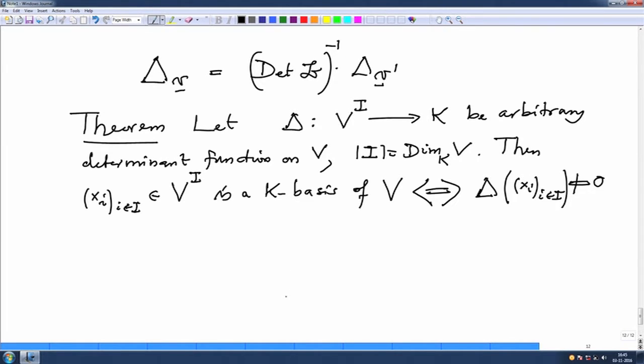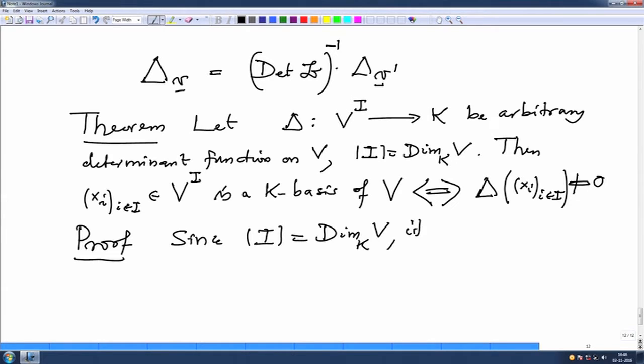Okay. So, proof. They are correct in number. So, I only have to prove either that they are linearly independent, or a basis, or a generating system, because the cardinality of I is equal to the dimension.